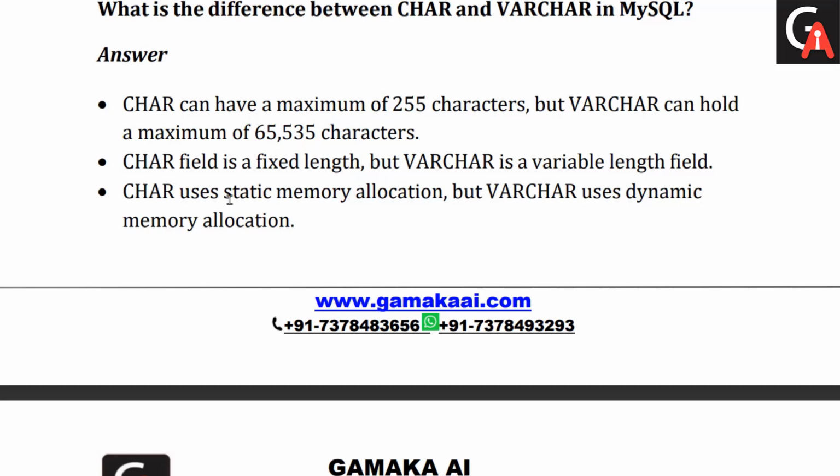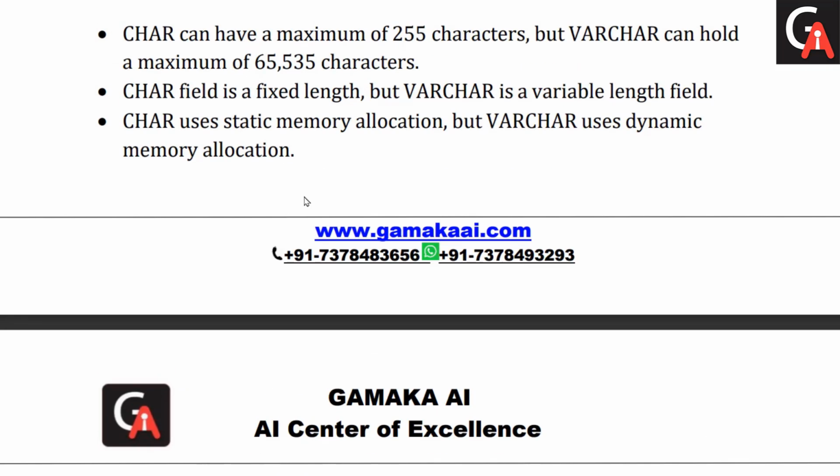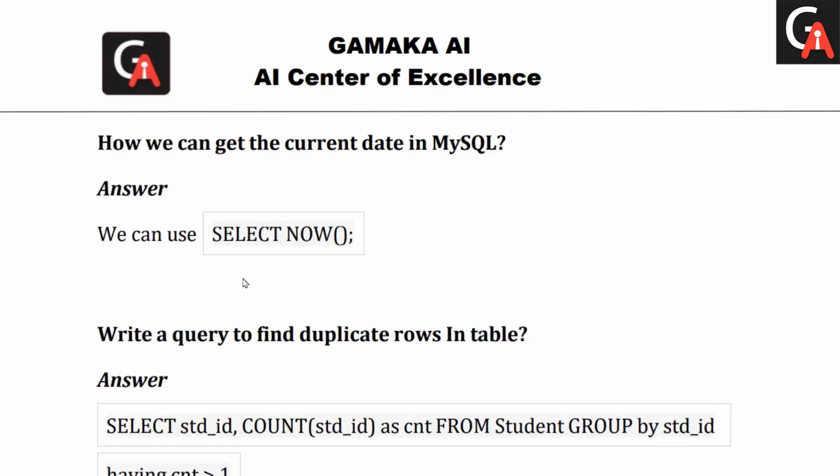Then there is a difference that char uses static memory allocation, but varchar uses dynamic memory allocation. This is with respect to the second point only. So it will adjust its space according to the requirement of whatever we have provided. It won't trim the existing string. Clear guys? So this is the difference between char and varchar.